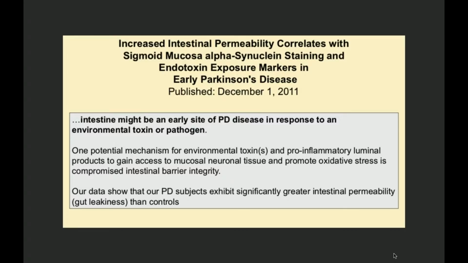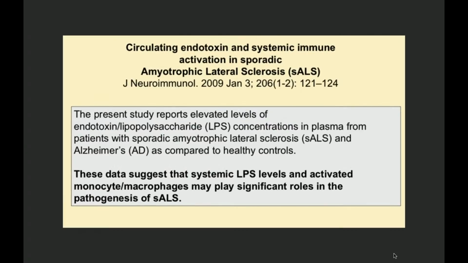Wow. What about Lou Gehrig's disease? Data suggests that systemic LPS, which is lipopolysaccharide concentration levels, and activated monocyte and macrophage may play significant roles in the pathogenesis of Lou Gehrig's disease. So you look at this and you think, wow, that is why 80% of the immune system is in the gut.